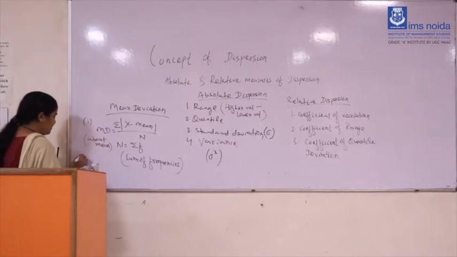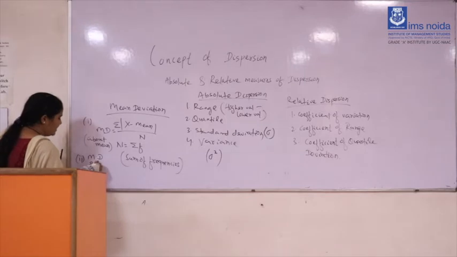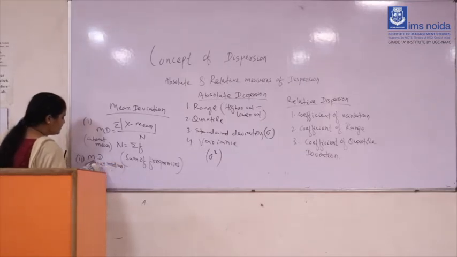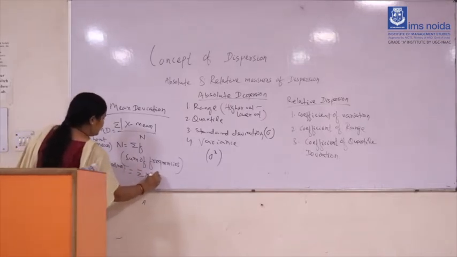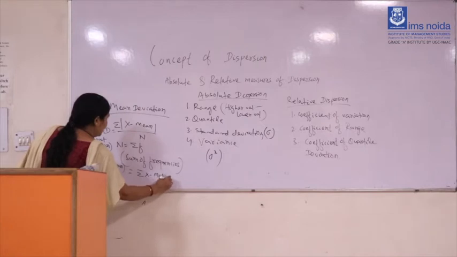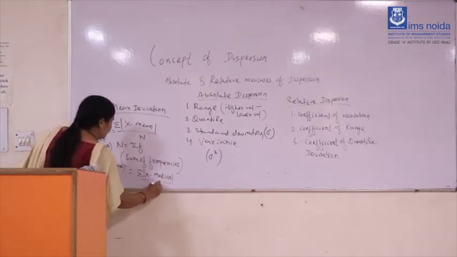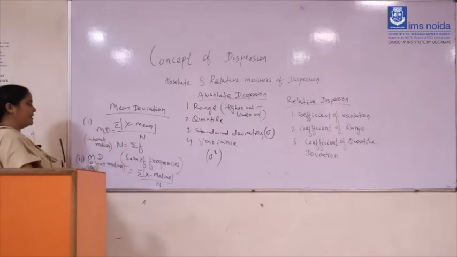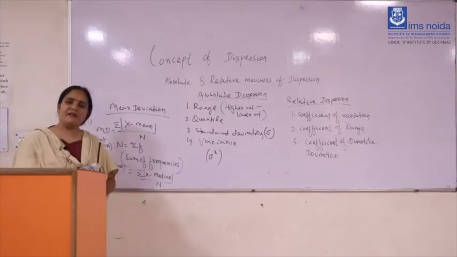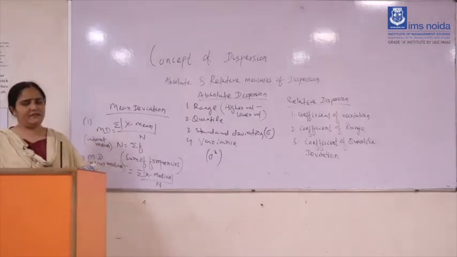You can calculate mean deviation about median. Mean deviation about median is summation of mod x minus median, divided by n. So this is the mean deviation, but about the median. If you have the mean value, you can calculate the mean deviation. If you have the median value, you can also calculate the deviation.